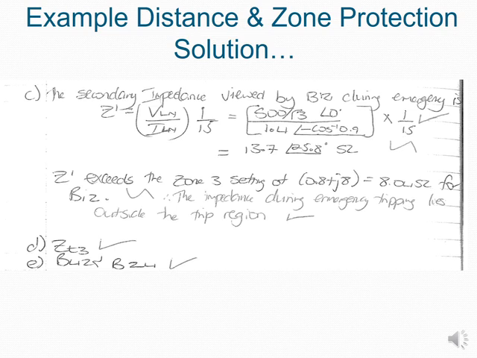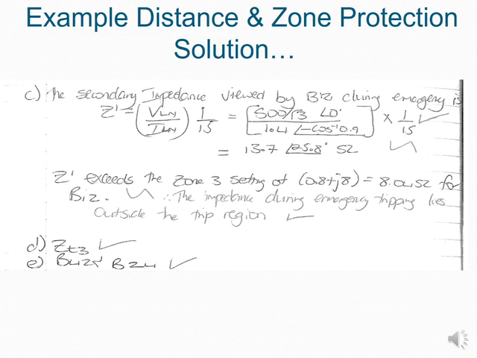That's what we call it, the measured impedance that we need to calculate. And how do I do that? Well, firstly, I know that my system is sitting at 500 kV, and I've been given that the current is 1400 amps. So I do the V over I.